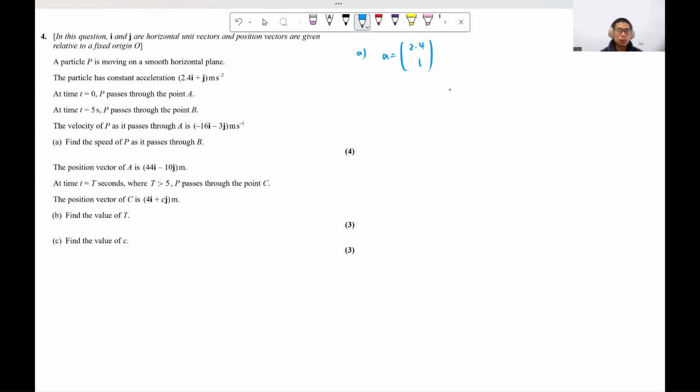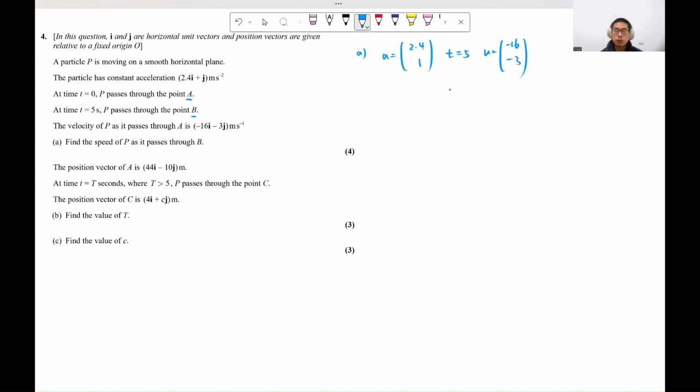So clearly we need to let point A be our starting point and point B our end point. That means it will take 5 seconds from A to B, so t is equal to 5. The velocity at point A is -6i minus 3j, so u is equal to -6 and -3, because that's our starting point.